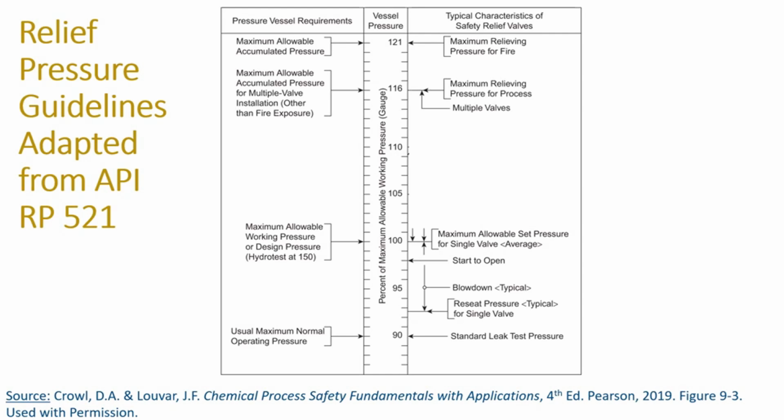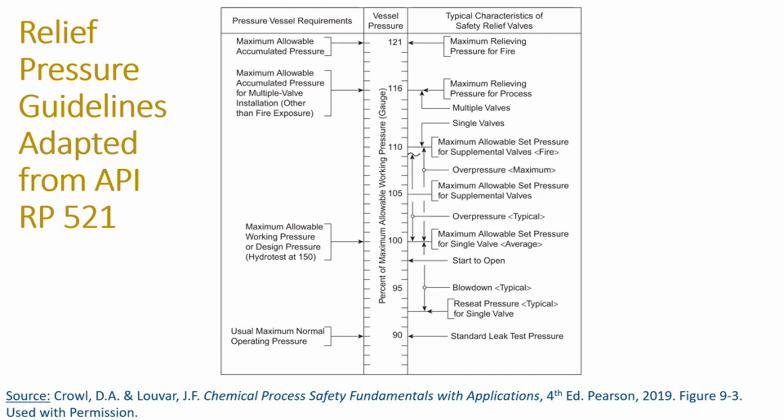In the case that we have a vessel that is equipped with supplemental pressure relief devices, that maximum overpressure is 116% of the maximum allowable working pressure. When we have a single relief device, that percentage of the maximum allowable working pressure is 110%. And that's also the limit, 110%, when we have supplemental relief devices.